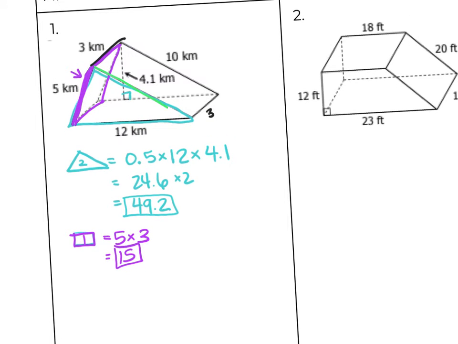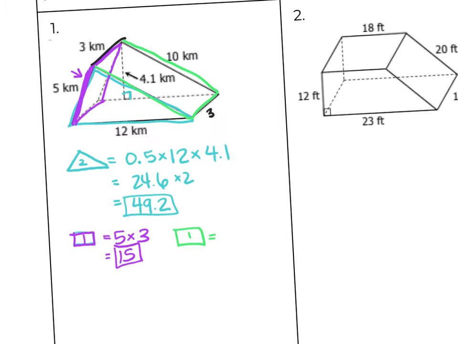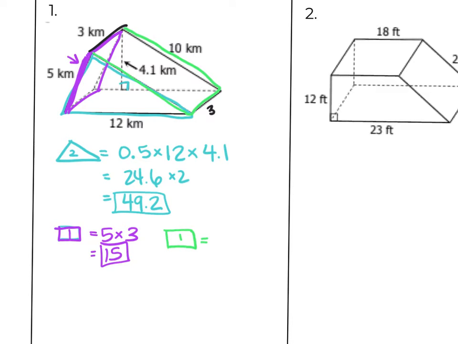There's still just one of those, right? And what 2 measurements would I multiply? The depth or the height is still 3, but what would its base or length measurement be? 10. So that gives us an area of 30.